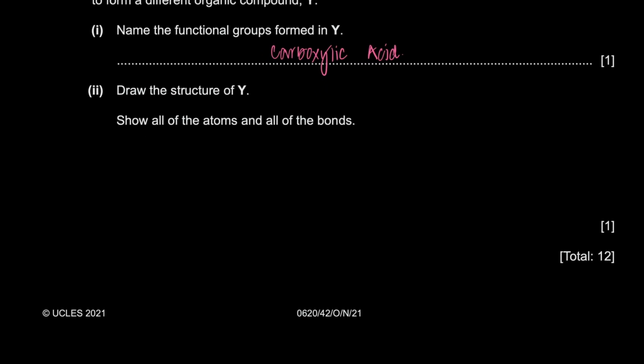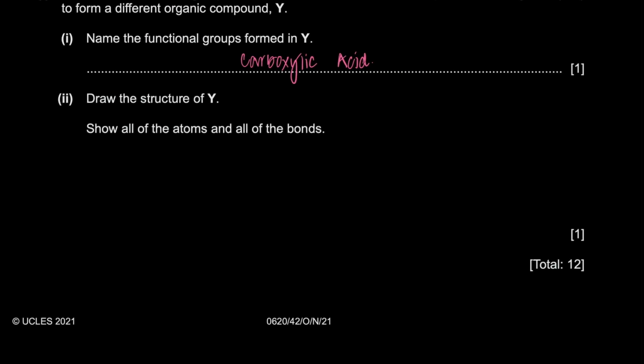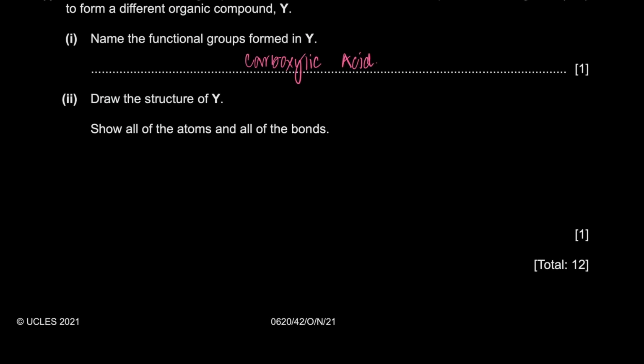Draw the structure now. Okay, kind of intensive on the whole organic front, ain't it? Let's actually draw the molecule again just for our understanding. Now, what's going to happen is this is an alcohol function group, and ignore the hydrogens.